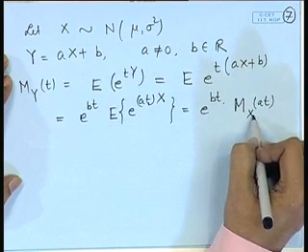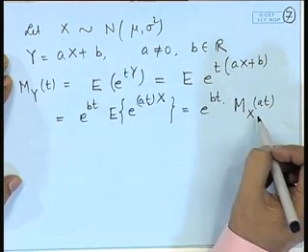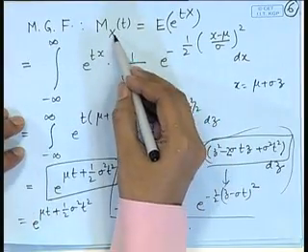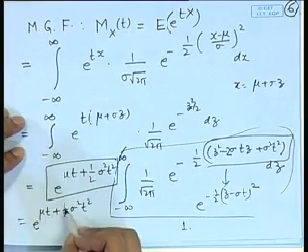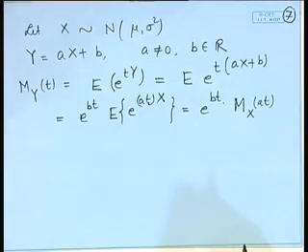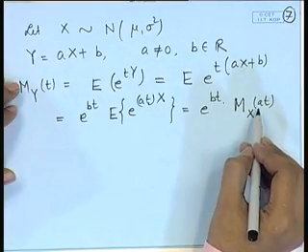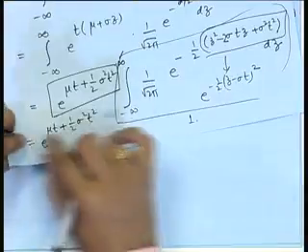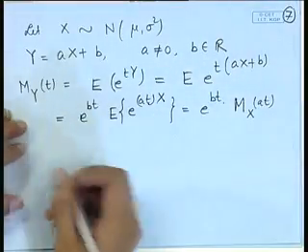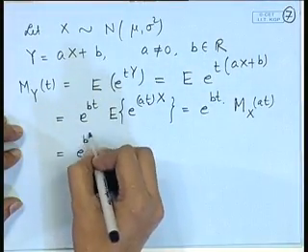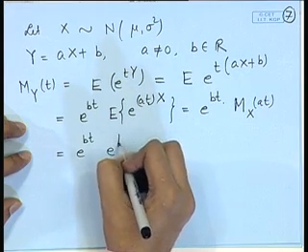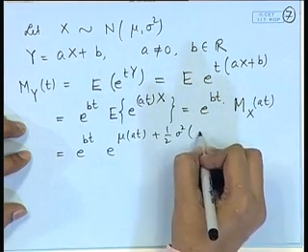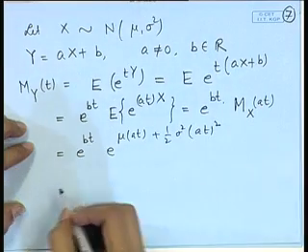Now, the distribution of X is normal and the moment generating function of X, that is M_X(t), is given by e to the power mu t plus half sigma square t square. So, we can substitute at in place of t in the expression of M_X(t). So, we will get here e to the power bt e to the power mu at plus half sigma square (at) whole square.